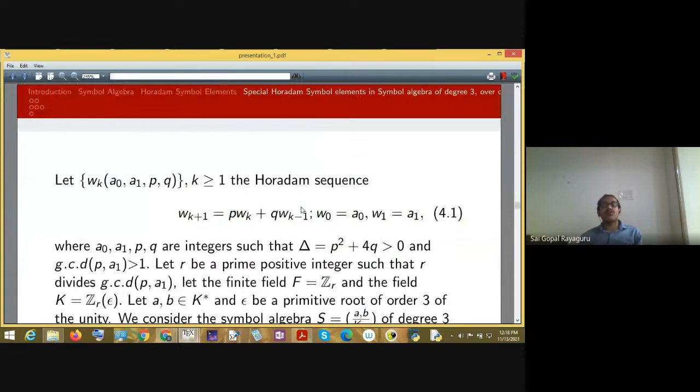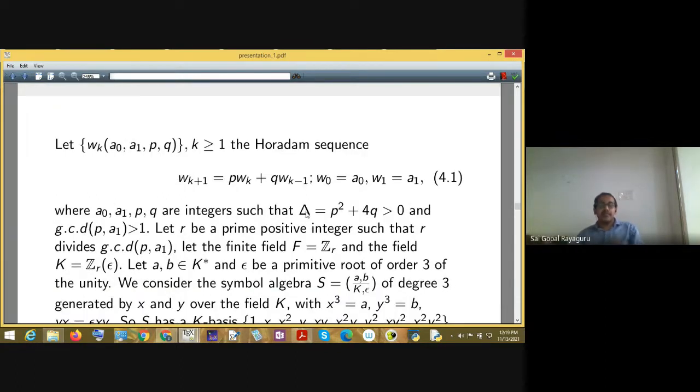We also saw that the Horadam symbol elements satisfy many more properties similar to those of the Horadam sequence, which I have not included in this slide, but definitely I will show.